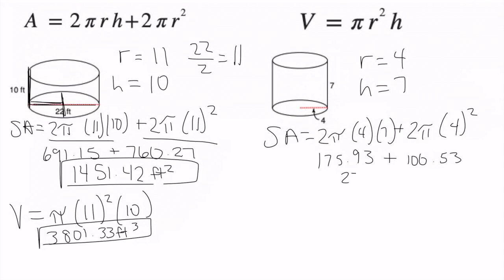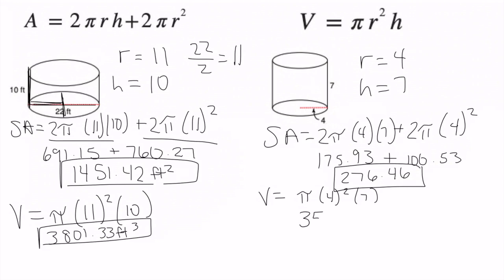Add those together, you get 276.46. And then for our volume, we have pi times our radius of 4 squared times our height of 7, which leaves us with 351.86. So go ahead and try these next four on your own.